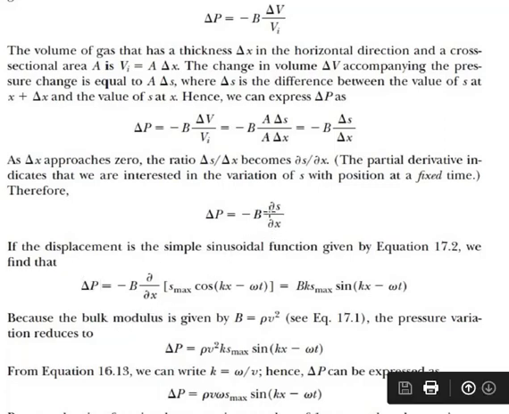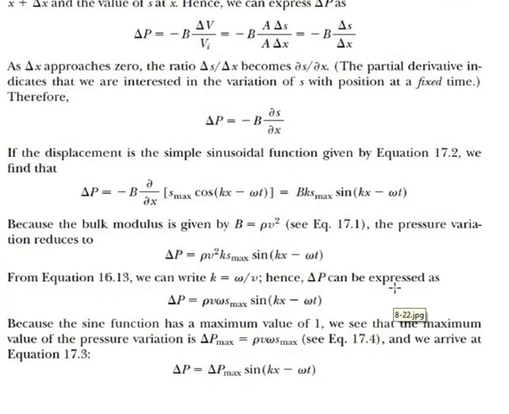Now we have already seen that this s is s maximum into cos of kx minus omega t. So if we differentiate it with respect to x, we get B k s maximum into sine of kx minus omega t.